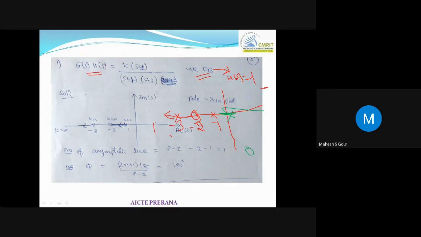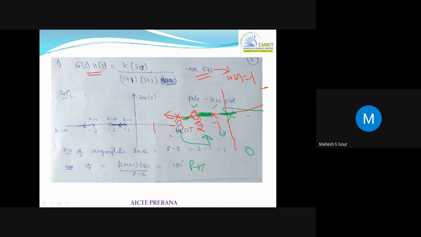Now I come to this part. There is one pole lying on the right hand side of this area, right? One is an odd number, so the root locus lies here. Now when I consider this area, that is -3 to -2, there is 1 zero plus 1 pole.